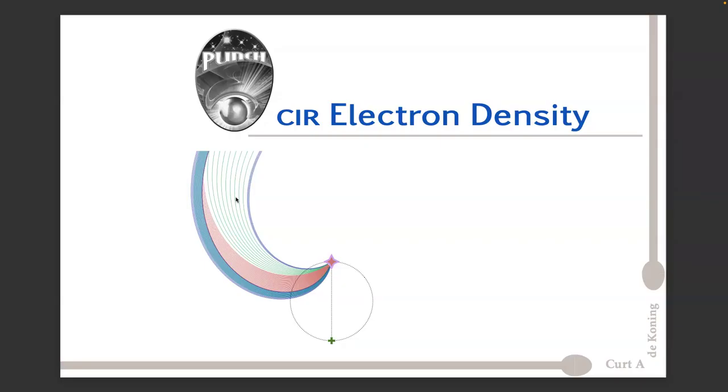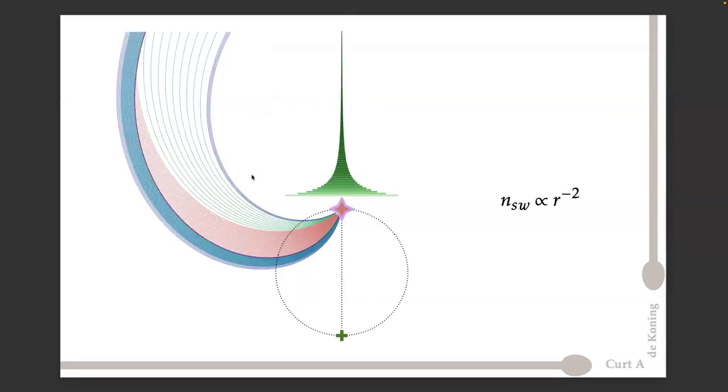Now, what we're interested in is the density expression. If you look at a typical solar wind density, what we always assume is that because the solar wind is radially expanding, the density falls off as 1 over r squared. That's what's shown over here.